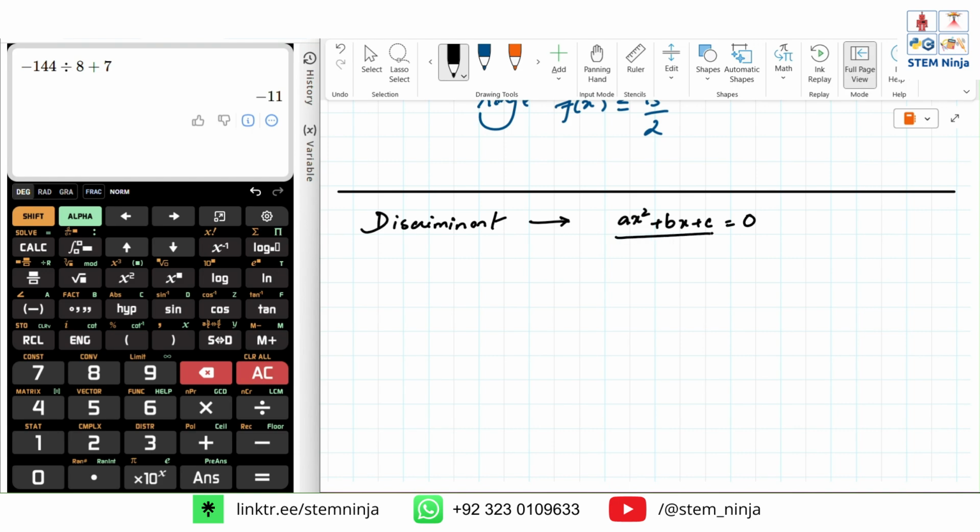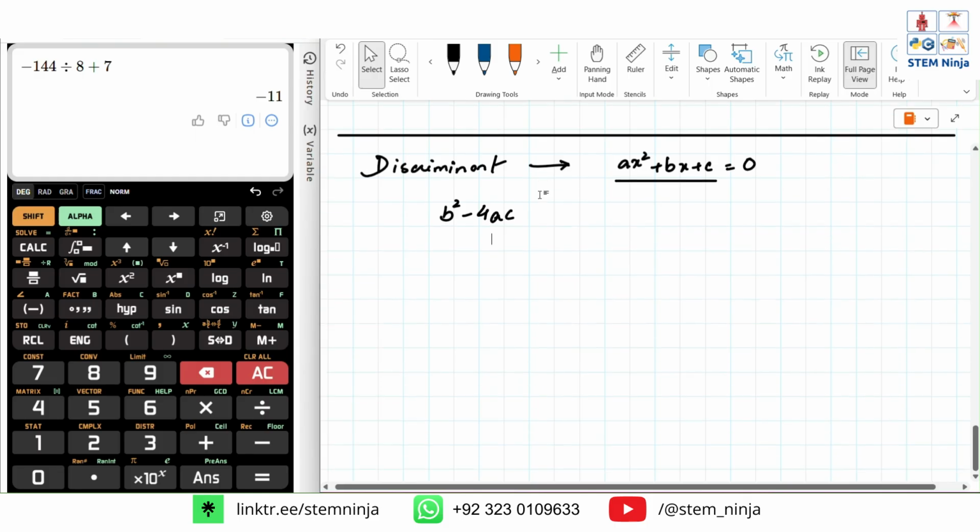We don't actually have to do all the derivation over here. We are already familiar from O levels and IGCSE that b squared minus 4ac is the discriminant. And the value, specifically the sign, whether it's greater than 0, less than 0, or equal to 0, will decide whether the quadratic equation has solutions or not.